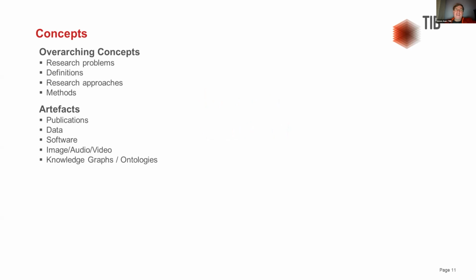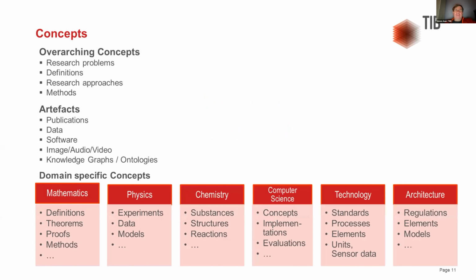And our vision is that we represent overarching concepts like research problems, definitions, research approaches, methods, also different artifacts which play a role in the research life cycle, in addition to publications, also data, software, image, audio, video, knowledge graphs. And then also domain-specific concepts, which are very specific in different research domains.